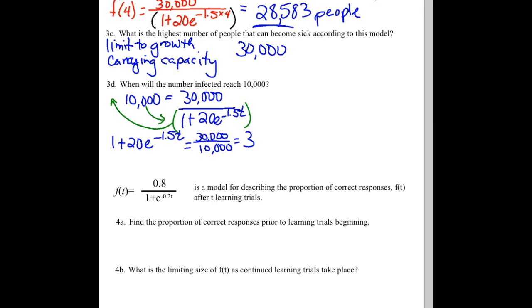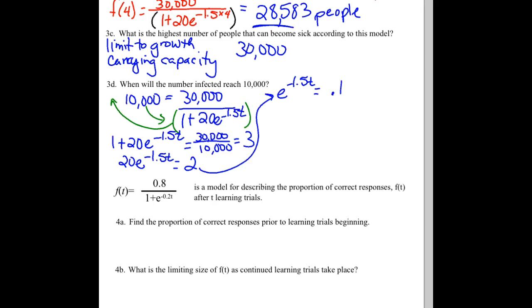What would we do next if we were trying to solve for t? Let's get rid of the 1. So now we've got 20e to the negative 1.5t equals 2. Can we divide out the 20? So we're going to have e to the negative 1.5t equals 2 divided by 20, which is 1/10.